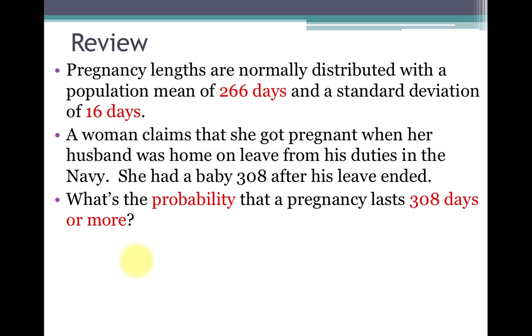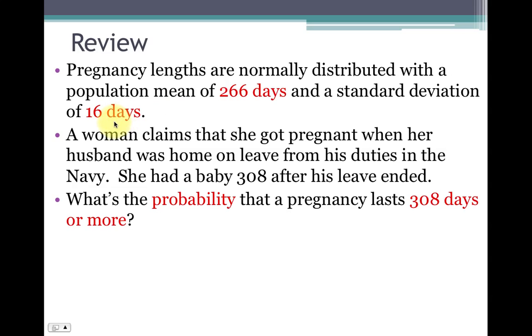So you should recognize in this problem that if you're provided with the mean and the standard deviation, you're going to be using the normal distribution, especially because it tells you it's normally distributed. You're going to be using the bell curve, and you're going to be using normal CDF to answer this question.